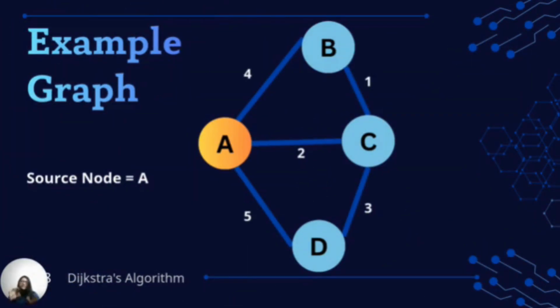Now let's see a practical example. In this graph, node A is our starting point. The numbers on the connections represent travel costs or distances. Our goal is to find the shortest path from A to all other nodes. As we move through the next slides, watch how the distances change.